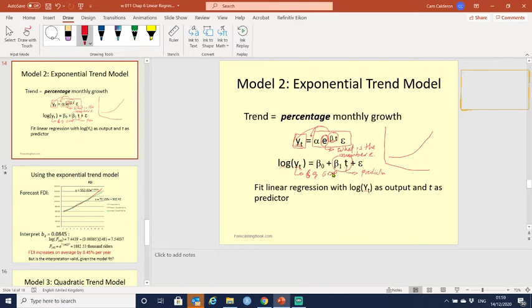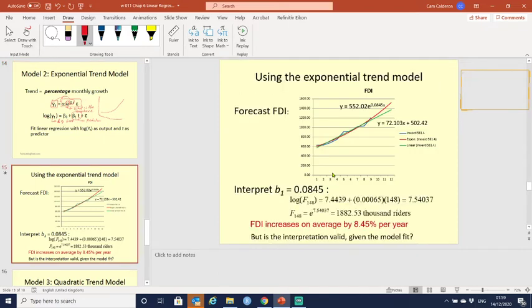Because as we have this trend, we believe that with time this trend is actually growing exponentially. This is what I have after running the forecast using FDI. The data is in Blackboard and we calculated this red line here, and that red line is this specification.